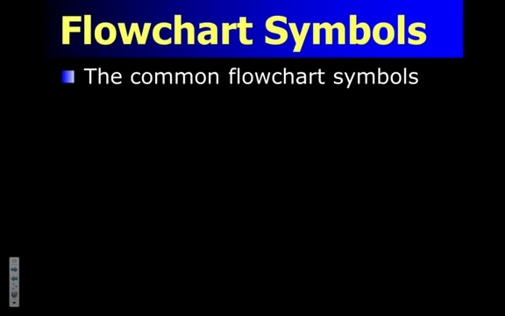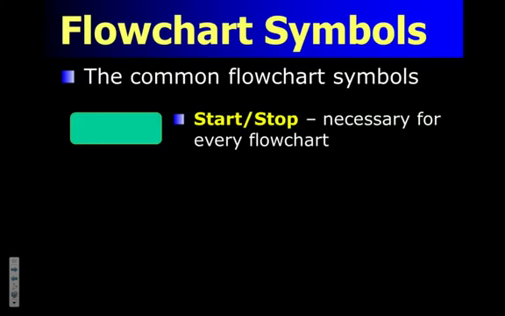So with doing flowcharts, there are some symbols you need to know. Let's go over them. The common symbols are 1, this one, you're going to only have 2 of them in a flowchart. They represent the beginning and the end of the flowchart, or the start, stop, or the begin, like I said, whatever you want to call them. It's not drawn really well up here on the projector, but that's a rounded rectangle.